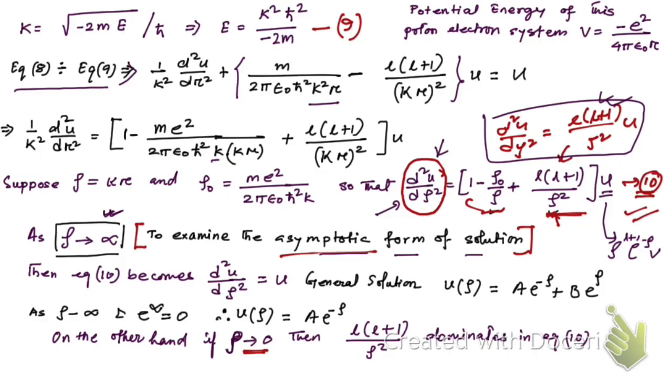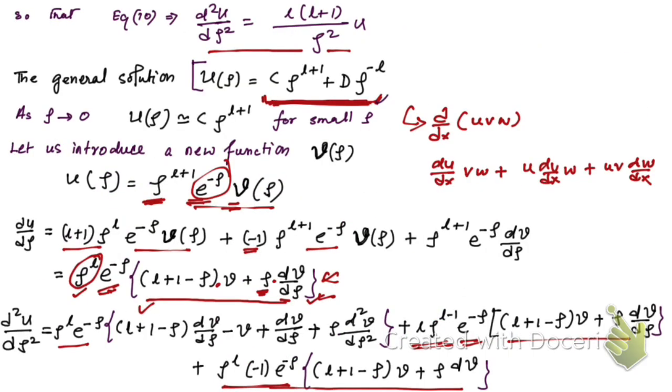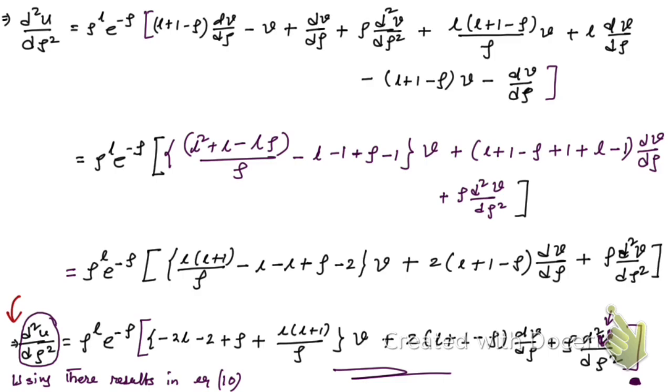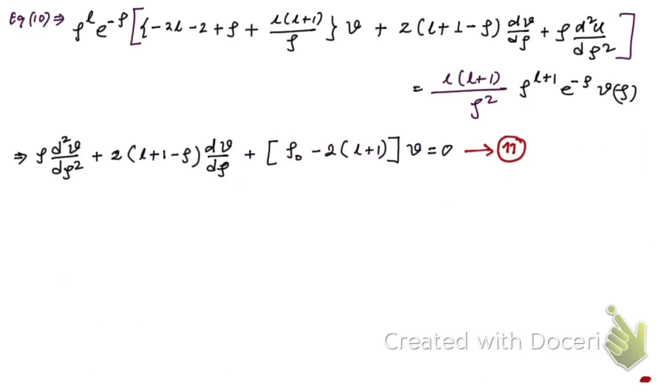We have replaced this u by that value. So which one we have considered here? Here you can see this value. Okay, so instead of u we have written this value in this equation number 10, and instead of second order derivative of u with respect to rho, we have written this result. Okay, so hope you have understood this, and doing so we have got this result.